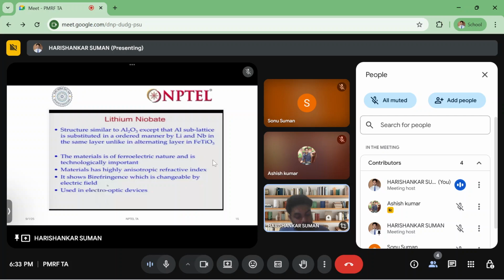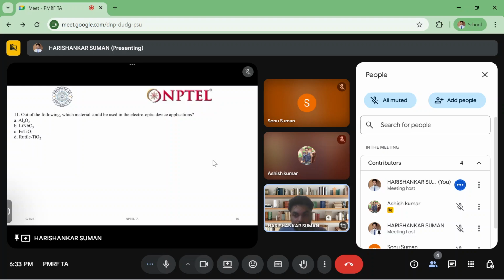The material is ferroelectric in nature and is a technologically important material that has a high anisotropic refractive index, birefringence, which is changeable by an electric field using electro-optic devices. So out of the following, which material could be used in an electro-optic device? We have already shown you. Please choose the correct option now.